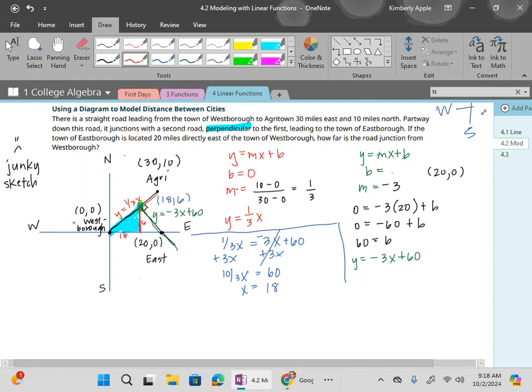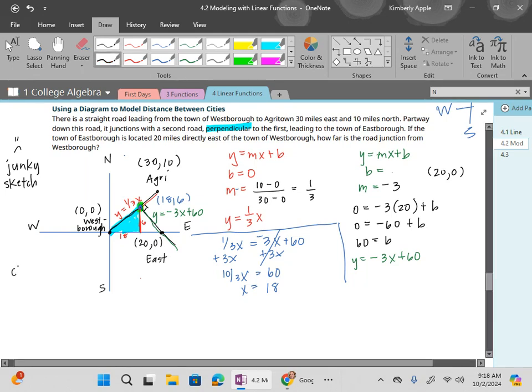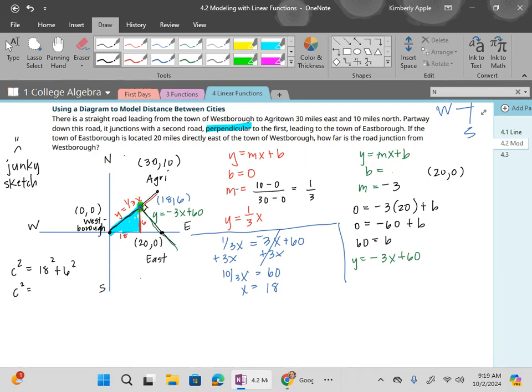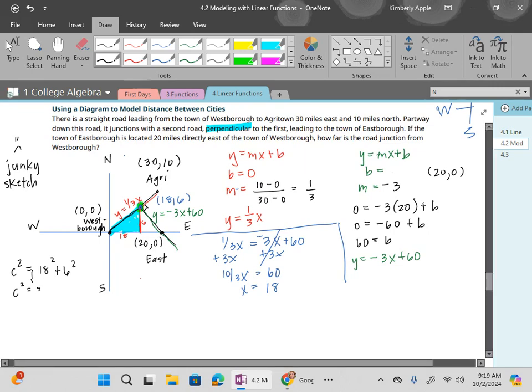Now it's just the Pythagorean theorem. a squared plus b squared equals c squared. So we're going to work like this. We're going to say c squared, which is this guy, the distance from Westboro to the junction, is going to be equal to 18 squared plus 6 squared. I don't know what that is. Let's see. So 18 squared plus 6 squared is 360. What do I do next? Take the square root.